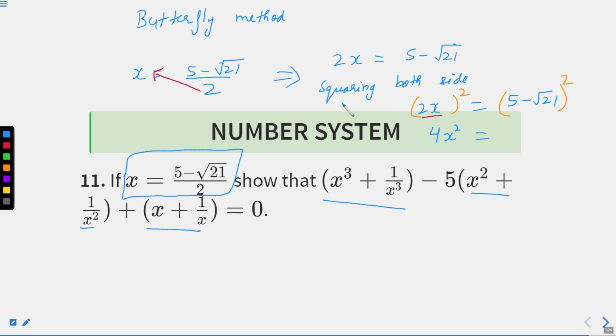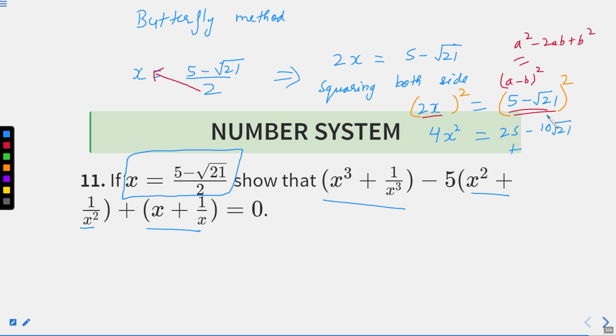Now here I'll use the a minus b whole square formula, which is a square minus 2ab plus b square. So 5 square is 25, minus 2ab, which is 2 times 5 times root 21, equals 10 root 21.